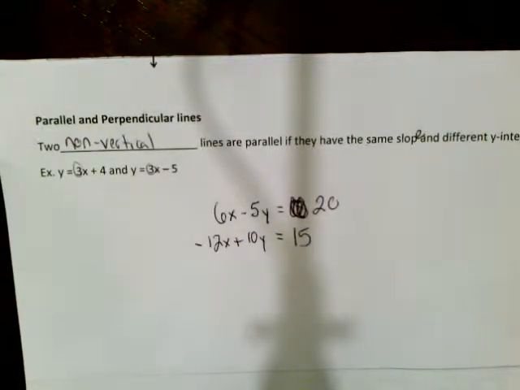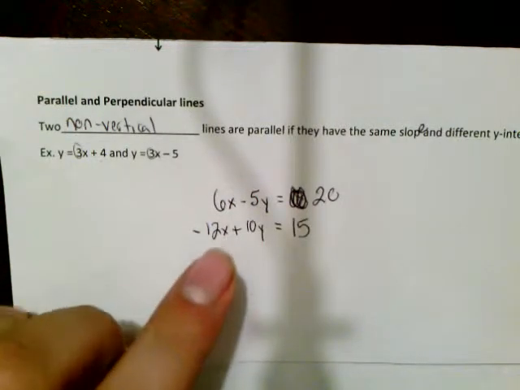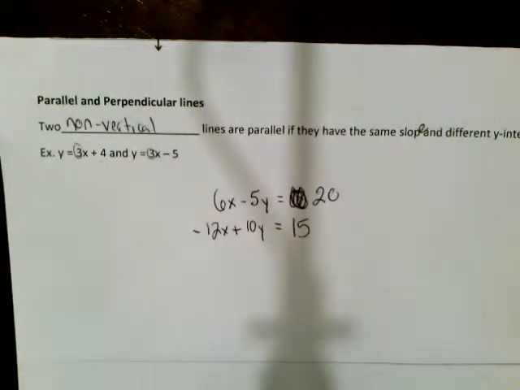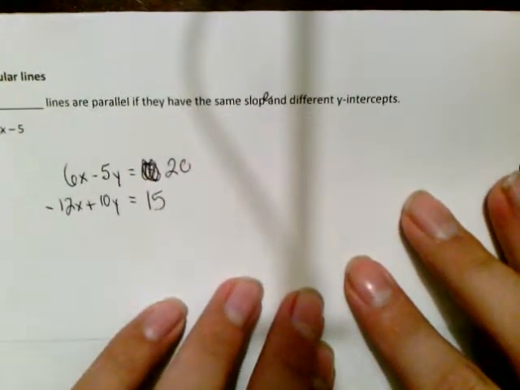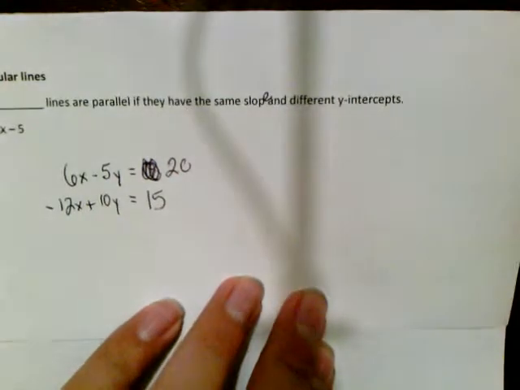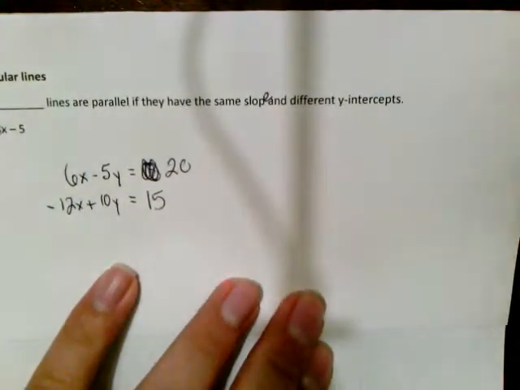We don't know whether or not they have the same slope. So this is how we test it out. Here, you wouldn't even have it in the y equals format where we can actually tell what the slope is. So step one is to get into slope-intercept form, meaning the y equals format.